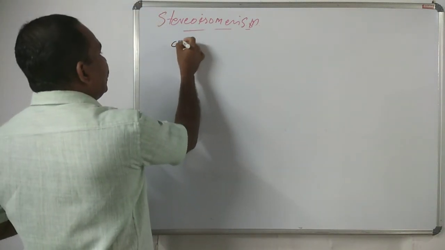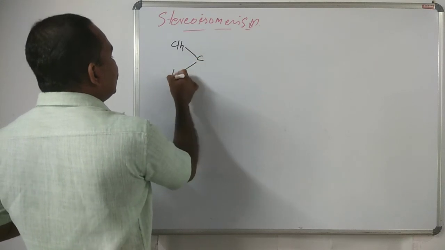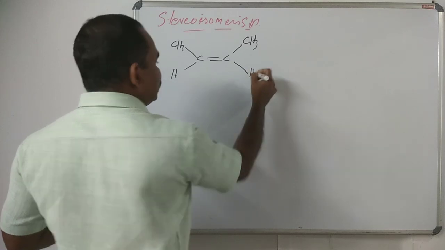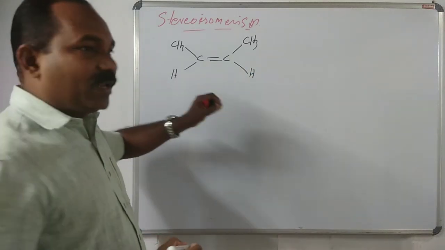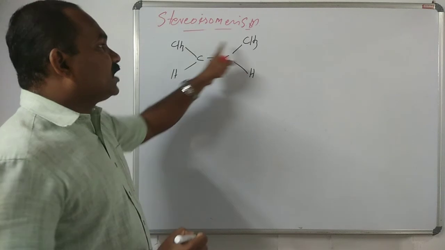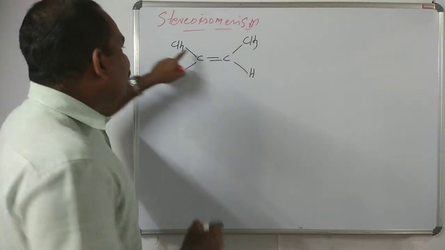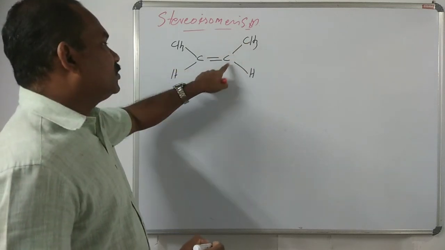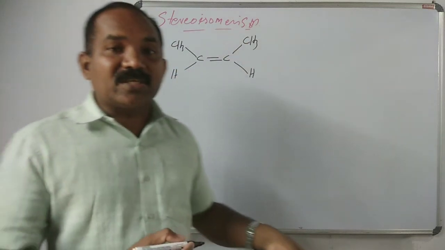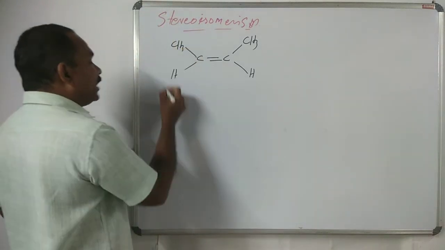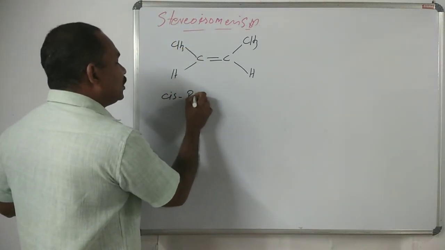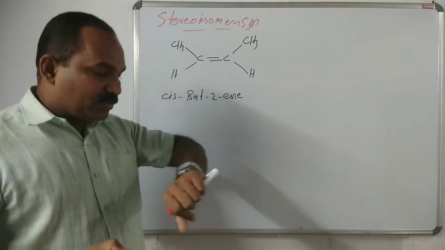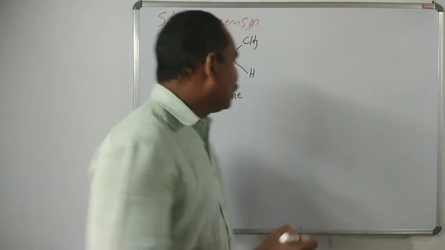Okay, let's take CH3CH double bond CHCH3. The like atoms are on the same side. Number the carbon chain 1, 2, 3, 4, or from this side 1, 2, 3, 4. In any direction it is butene, and the isomer is called cis-2-butene.